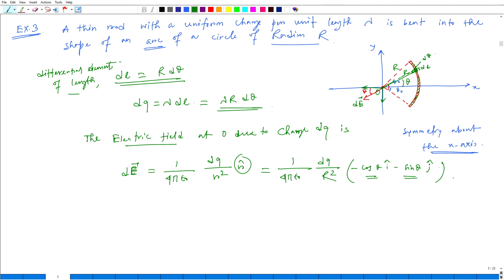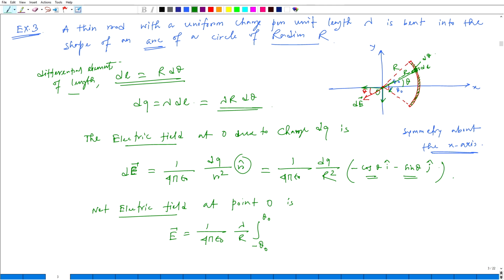So the net electric field at point O is the integral of 1 over 4 pi epsilon naught, with dq equal to lambda times r d theta. The limit is important, minus theta naught to plus theta naught, since one side is clockwise and the other is anti-clockwise.